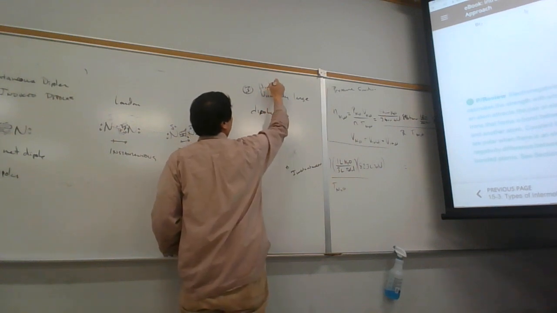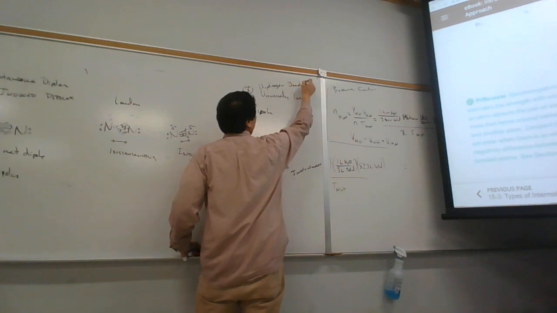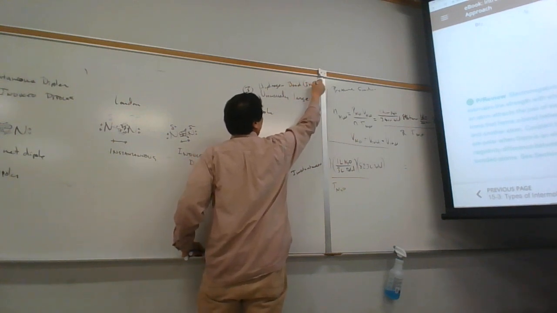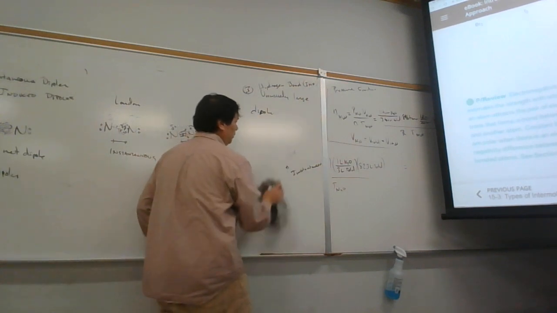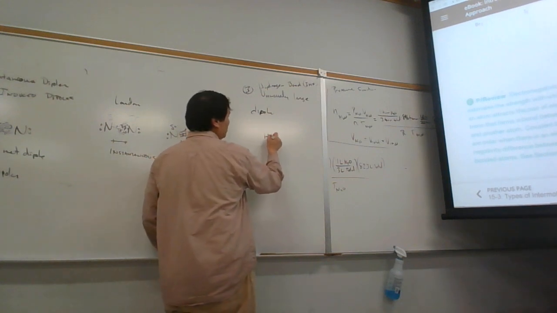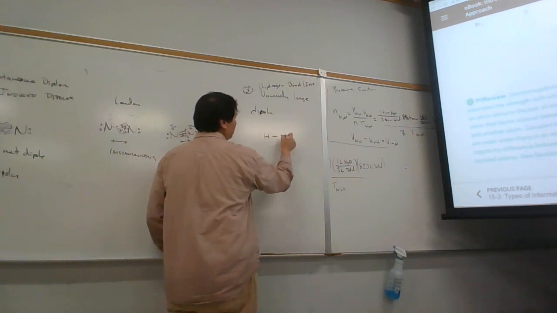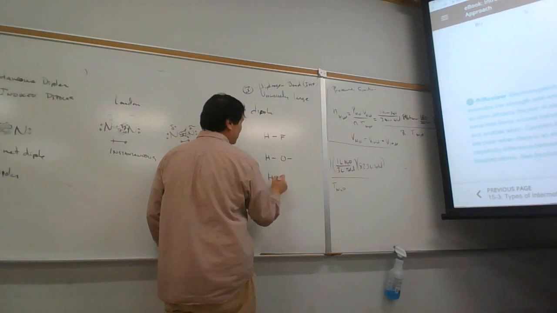The hydrogen bond is not really a bond. A hydrogen bond is an IMF, not an actual covalent or ionic bond. The unusually large dipole can only happen when hydrogen is bonded to fluorine, hydrogen is bonded to oxygen, or hydrogen is bonded to nitrogen.